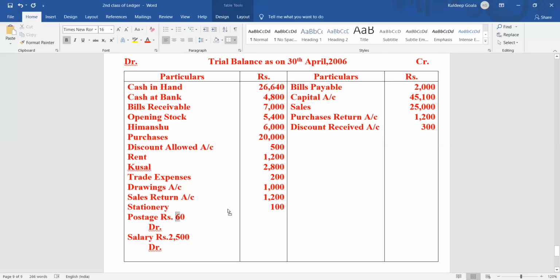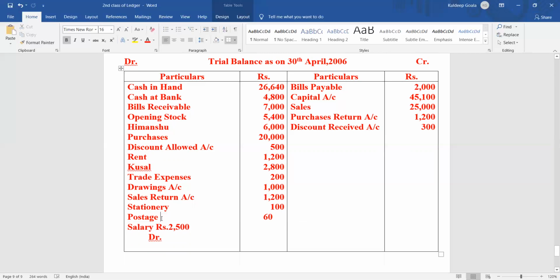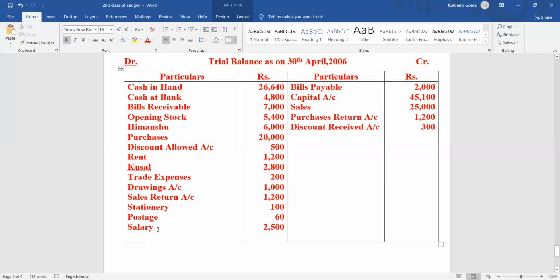Then postage, then the salary, okay, up to salary we have done.